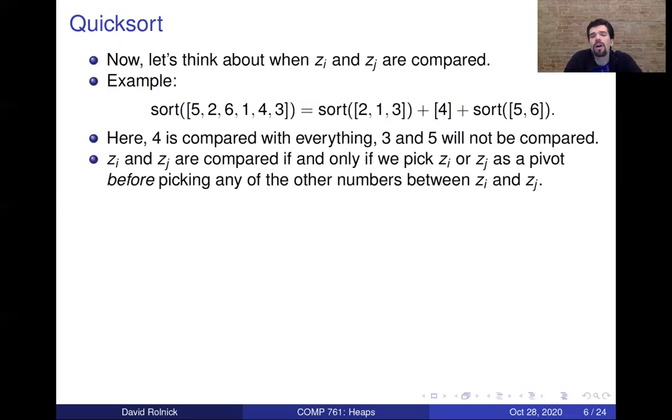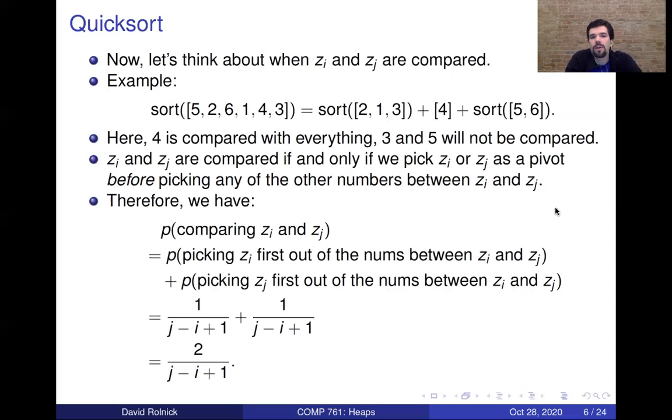First of all, how many numbers are there between z_i and z_j? Careful with the indices. The total number of numbers between z_i and z_j inclusive is j minus i plus 1.